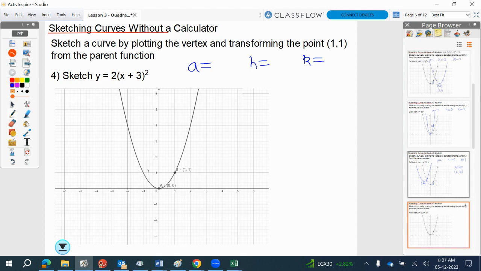Have a look at it. Write down the three numbers. Use the general form to help you, on the first slide: y equals a bracket x minus h squared plus k.